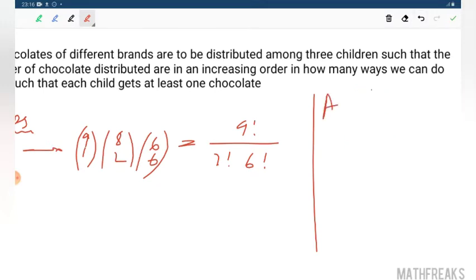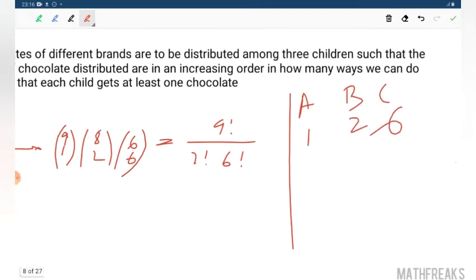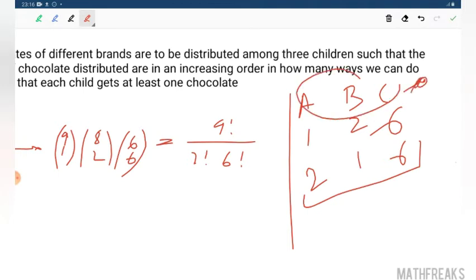If you are having 3 children, say A, B, C, the first child can get 1 chocolate, the second child can get 2 chocolates, and the last one 6 chocolates. This is true. Now the first can get 2 chocolates also, B can get 1 chocolate, C can get 6 chocolates, because it is not necessary that the number of chocolates be in increasing order for the children A, B, C. This is also in increasing order if we just rearrange A, B, C.